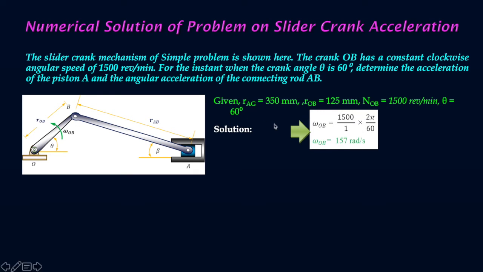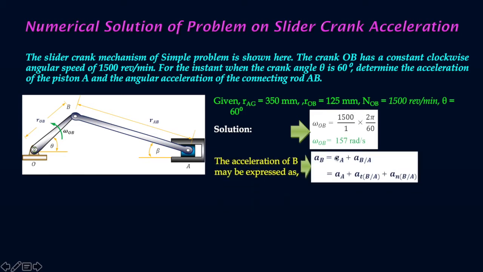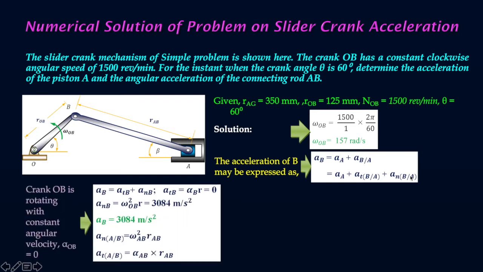So first we find the angular velocity, which equals 2 pi N. N is given, so 2 pi N gives 157 radian per second. Then the acceleration equation that we already derived in the last slide is AB equals AB plus ABA, where ABA has two components as we discussed.